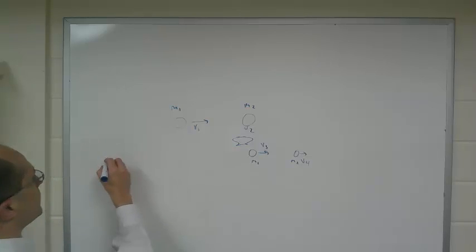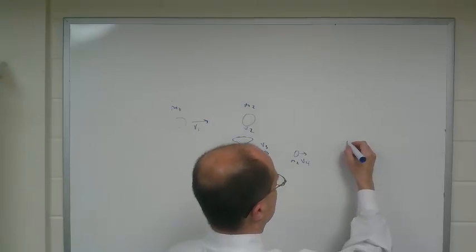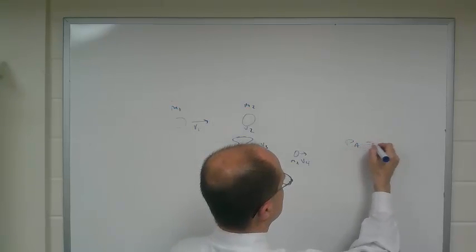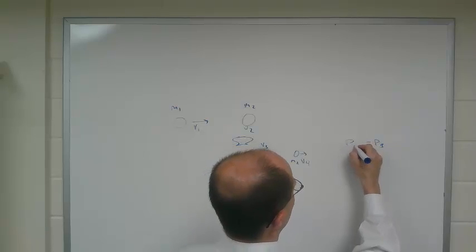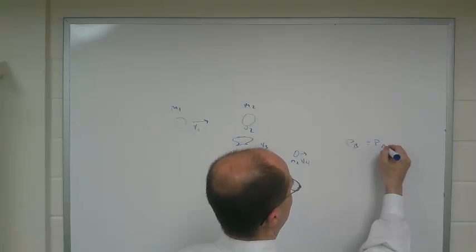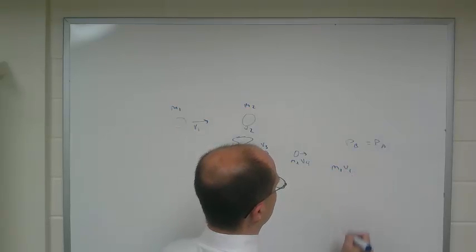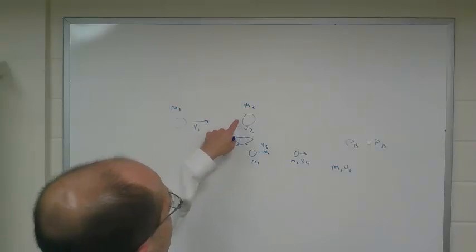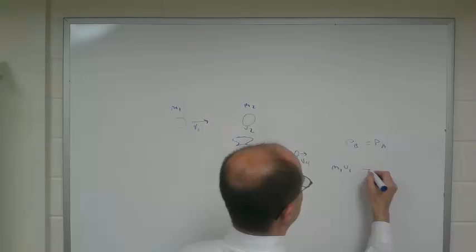So, because we have momentum conserved, we said that P before is equal to P after. The initial momentum is M1 V1. This one isn't moving, so it's stationary. And what does that equal?